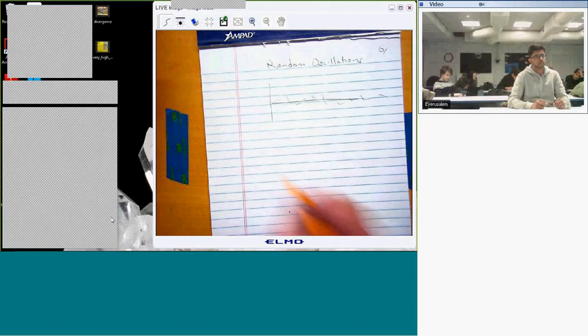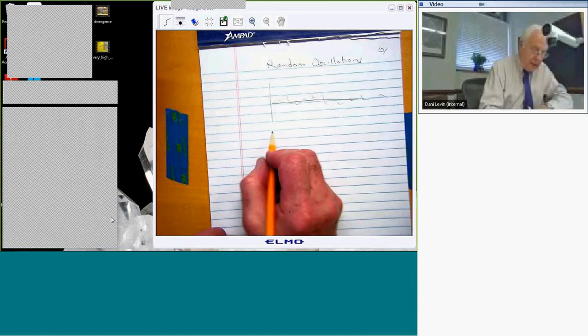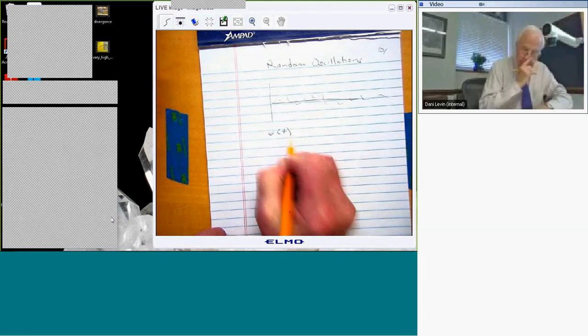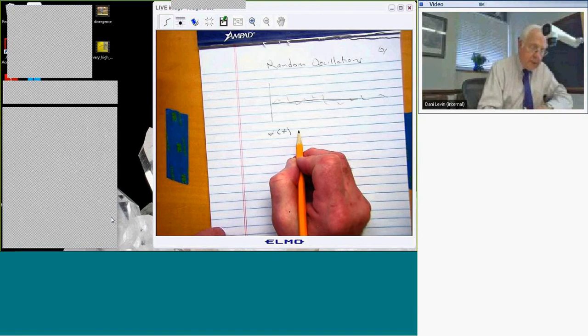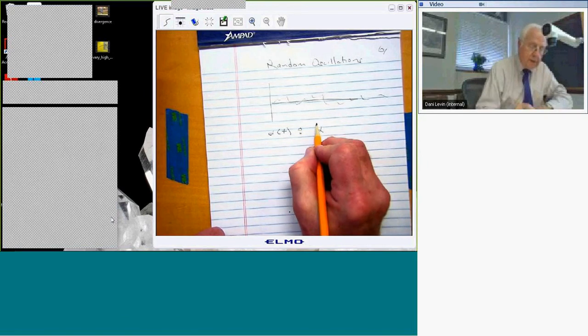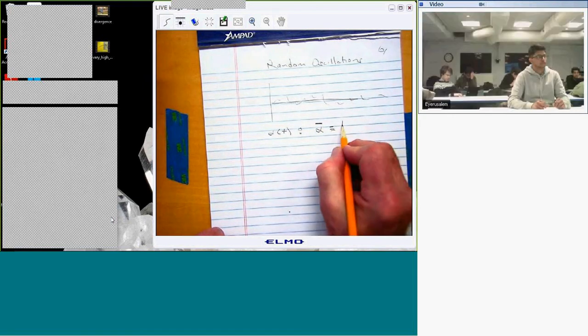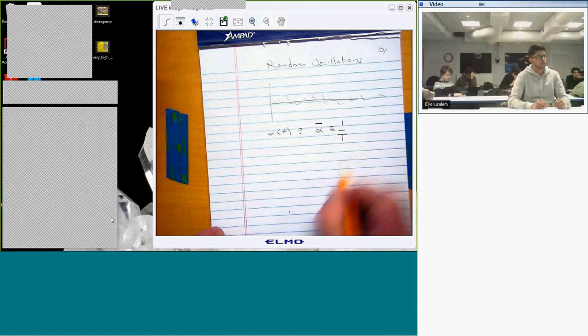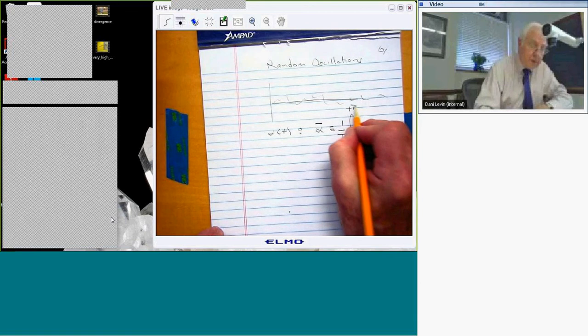Now, we can look at either alpha or alpha naught. It doesn't matter. Some function of time. I would like to take alpha and define, first of all, its mean, put a bar above it, which by definition is 1 over some large time, the integral from minus that large time divided by 2 to plus T over 2 of alpha of t dt.